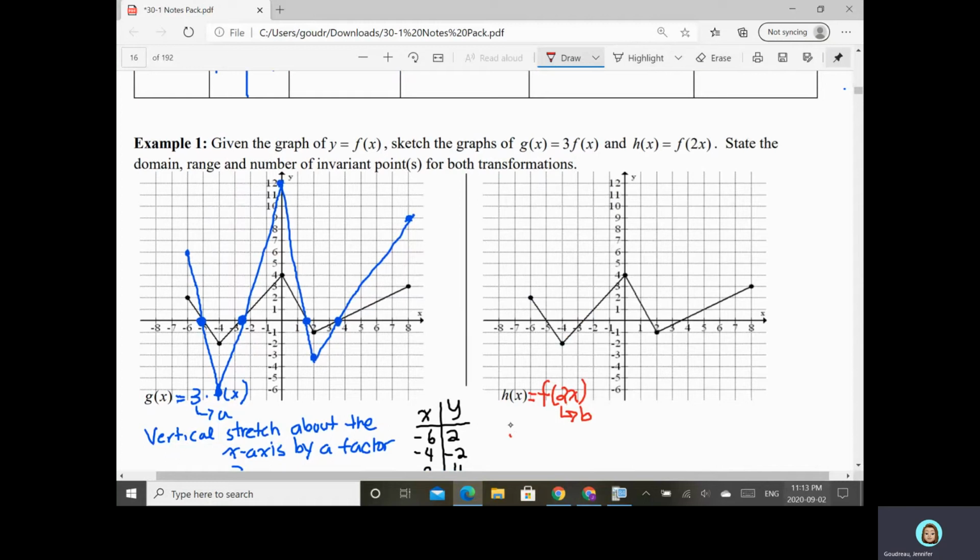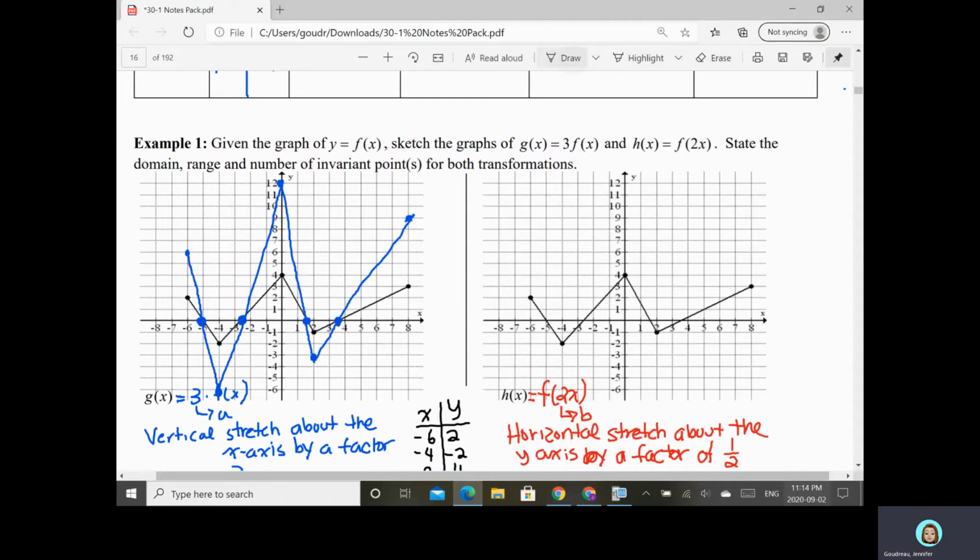That means this is representing a horizontal stretch. Horizontal stretches for us are always going to be about the y-axis, and our stretch factor is going to be the reciprocal of the b value. So by a factor, not 2, a factor of 1/2. That means we are going to take all of the x values and multiply them by 1/2.